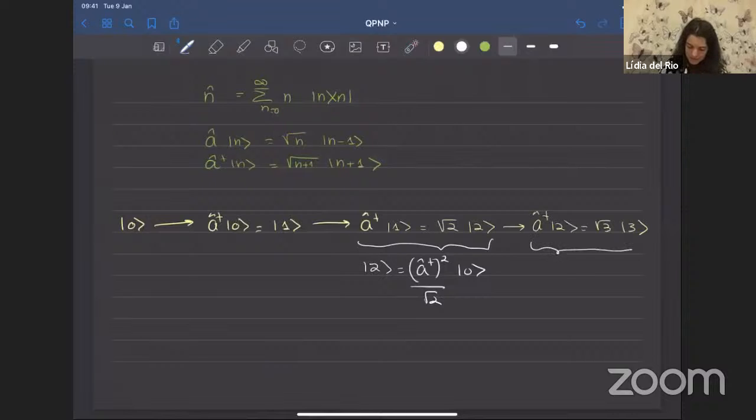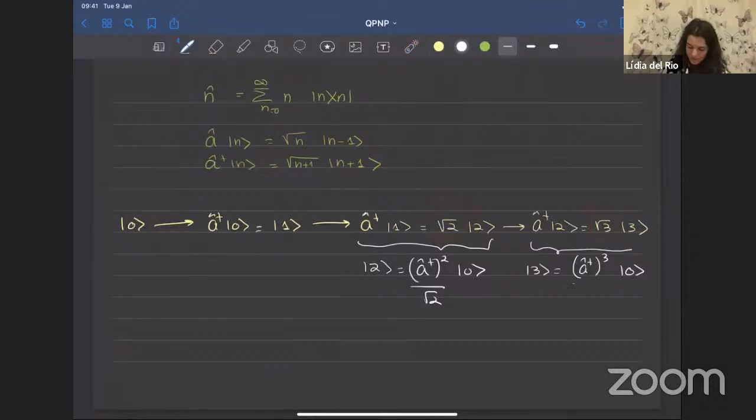And here |3⟩, well, we start with state |0⟩. We have to apply this A dagger 3 times. And then what's the coefficient we get? So we get square root of 3 from here and square root of 2 from there.